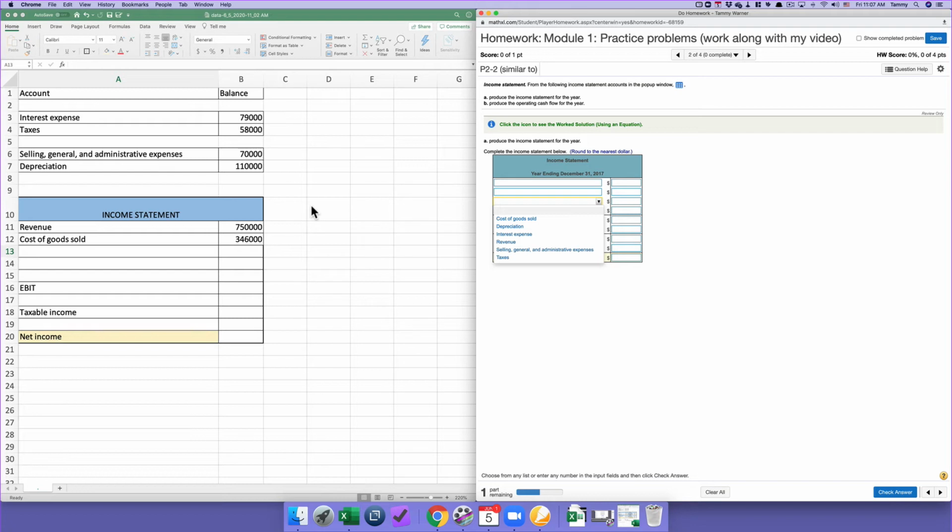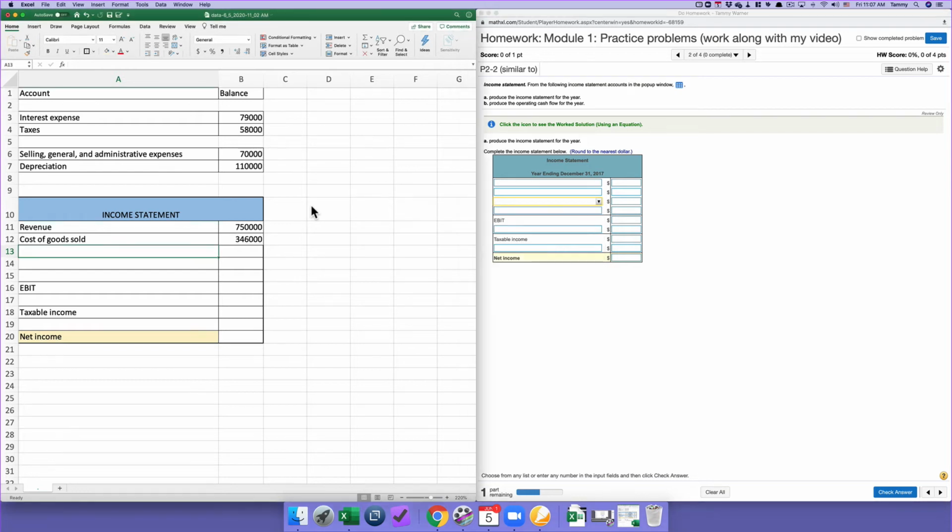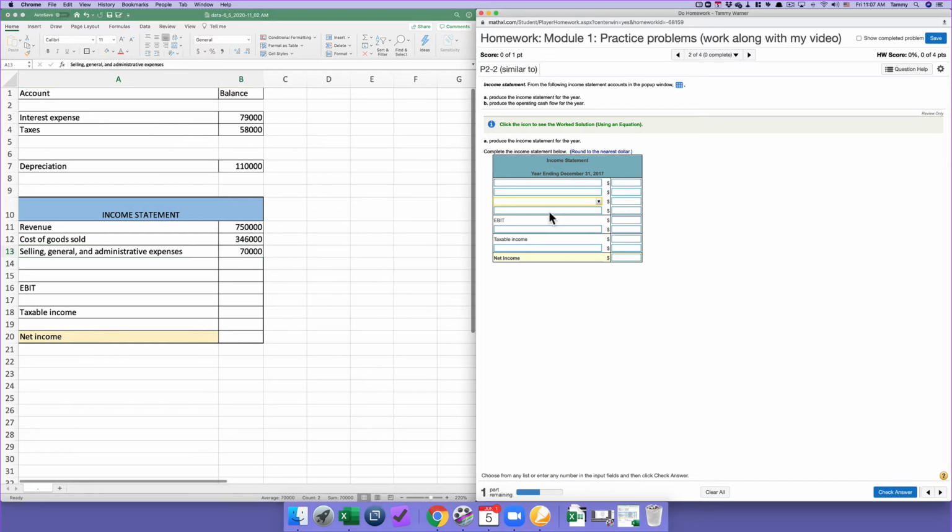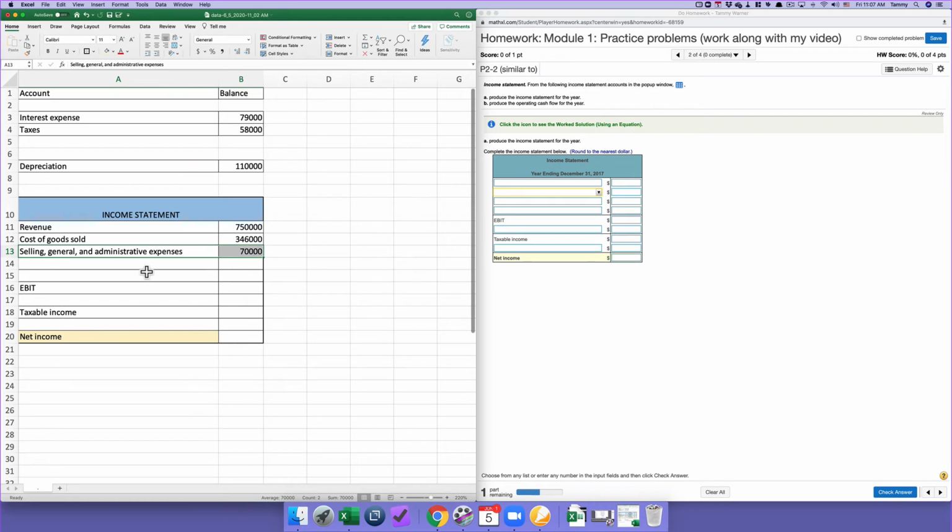So let's just pick up our SG&A, thusly, and then what do we have next? Earnings before, oh, depreciation, right. So that's 4 lines here.